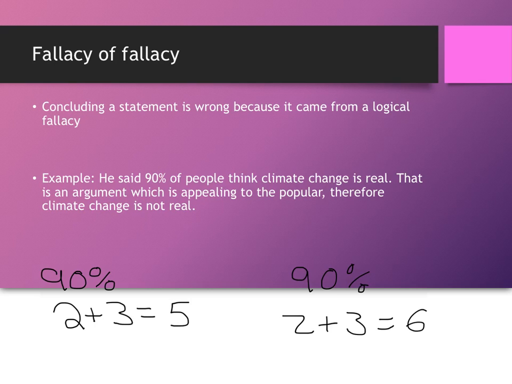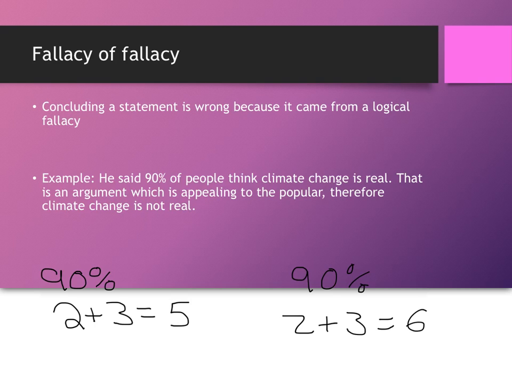So, here's another example. Someone said 90% of people think climate change is real. That's an argument which is appeal to the popular. Therefore, climate change is not real. So again, that is a fallacy of fallacies, concluding something is wrong because it came from an illogical argument or a logical fallacy.